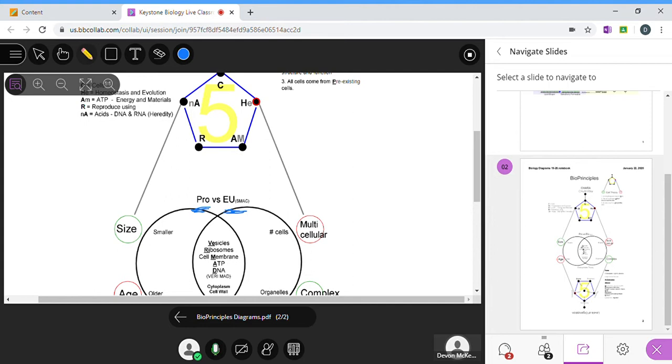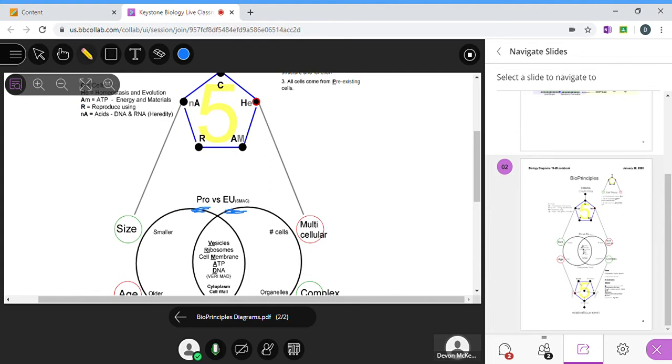Though every living thing on this planet can be broken down into 1 of 2 types of cells. This planet has an unfathomable number of living things living here, yet they are all either prokaryotic cells or eukaryotic cells.